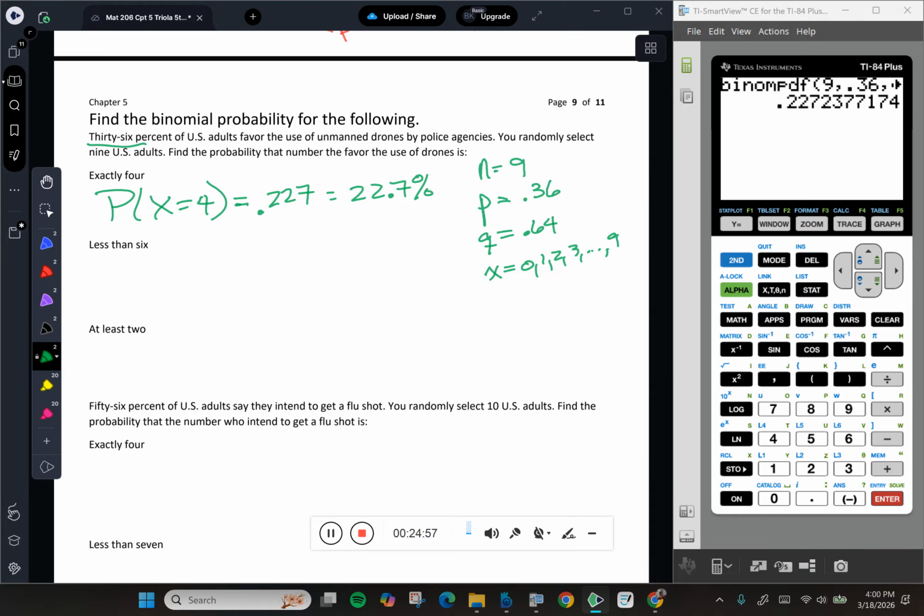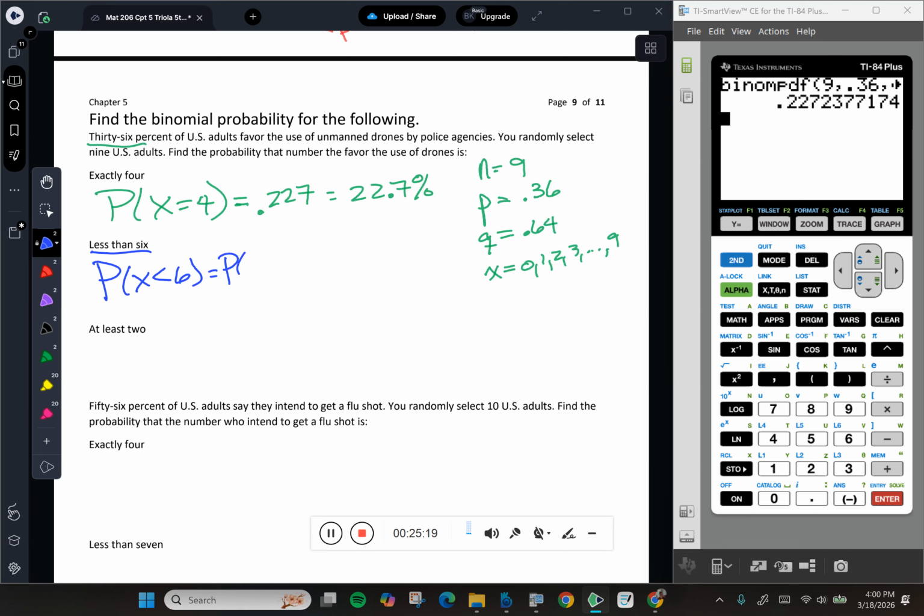Right? Part 2, or part B, they want us to find the probability that x is less than 6. Okay, well, what does less than 6 mean? Less than 6 would be 5 or 4 or 3 or 2 or 1.